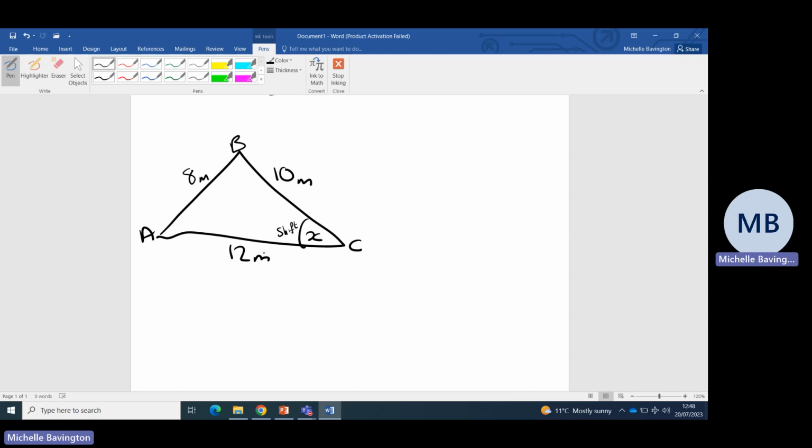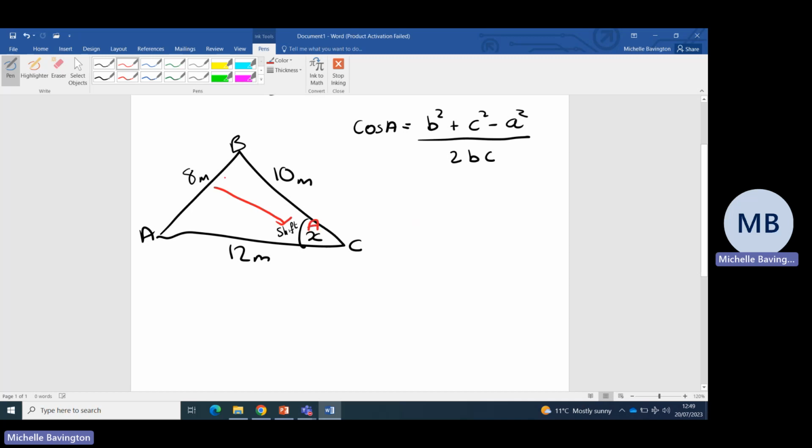Right, let's have a look then. So I'm definitely looking for an angle. Can I remember the formula? Cos A equals B squared plus C squared minus A squared over 2BC. So let me label my diagram first. There's what I'm looking for.